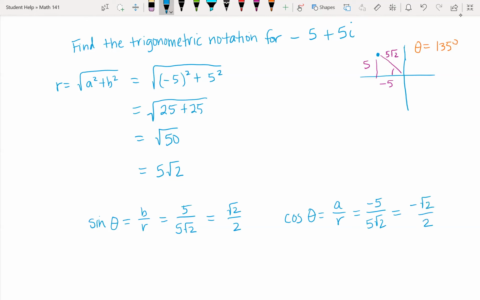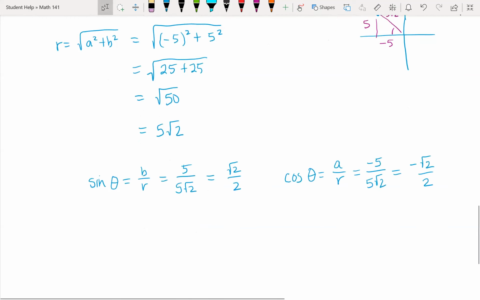So as we suspected, the angle is 135 degrees, or 3 pi over 4.